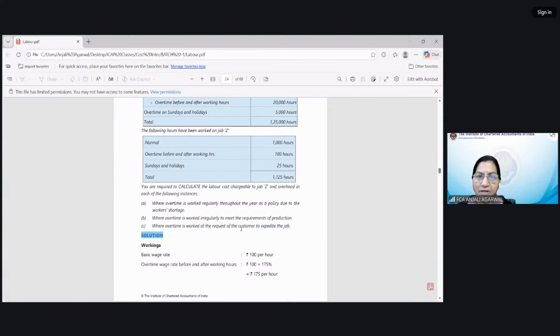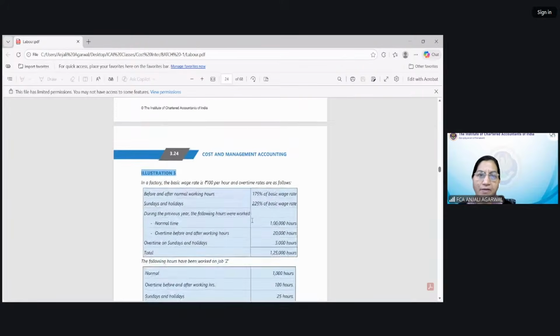And had it been because of non-availability of raw material or power supply or any other problem, in that case, you could have charged it to costing P&L, right?